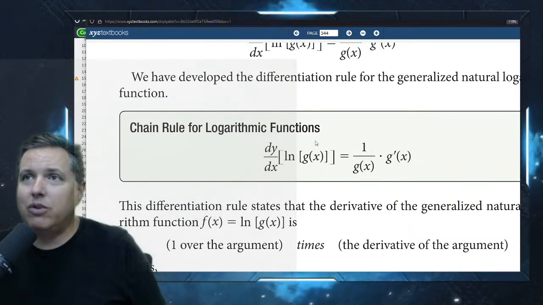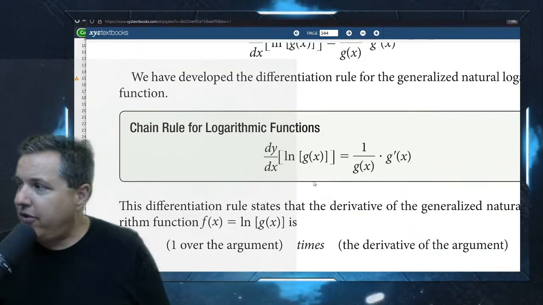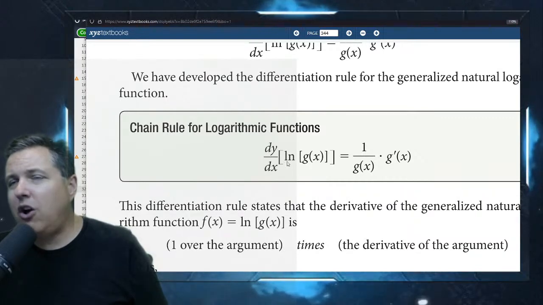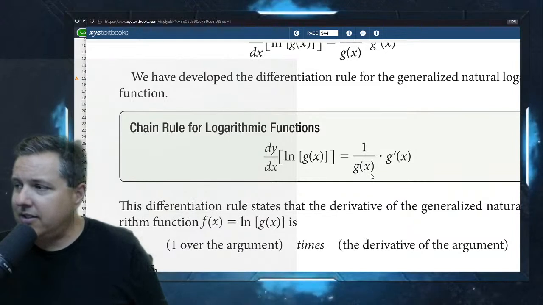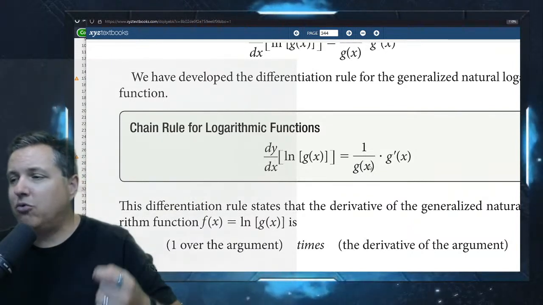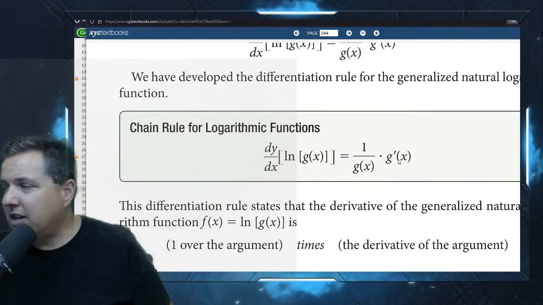And that's exactly what we're seeing here, right? When you take the derivative with respect to the outer function, what is that outer function? It's natural log. So the derivative of that would just be 1 over g of x. But then using the chain rule, we have to multiply by the derivative of what's inside. And that's where this g prime of x comes from.